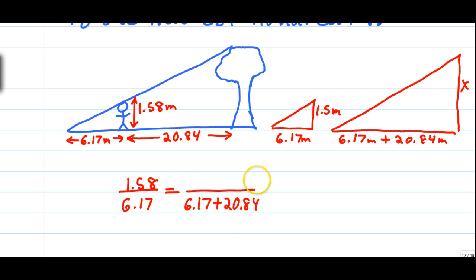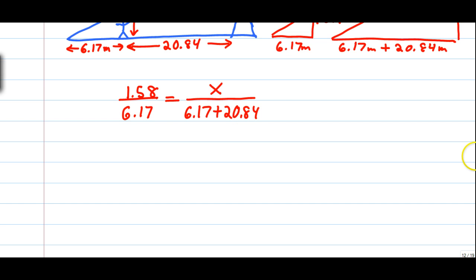What we don't know is the height of our triangle, which is also the same as the height of our tree. So we'll put that x in that position. Now we can continue on and solve the problem out. Let's start by simplifying. We need to add that 6.17 to that 20.84. This results in 27.01.